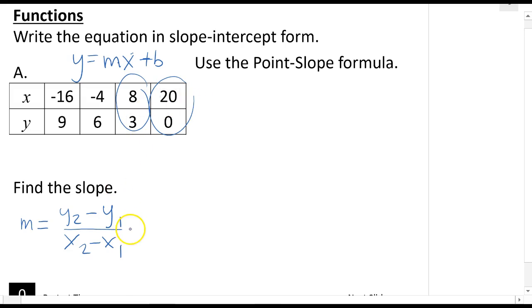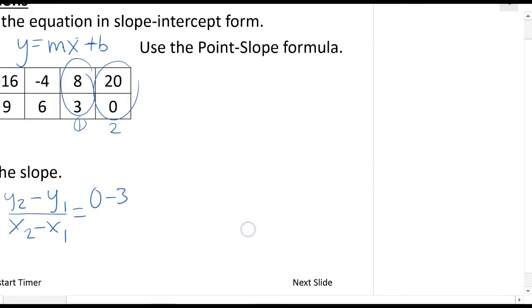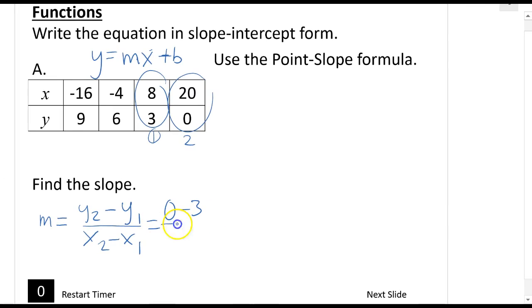Alright, so what I want to do here is subtract y2 minus y1. So I'll go ahead and make this point the second and this the first. So what I'll do is 0 minus 3, over 20 minus 8. Make sure that's consistent.